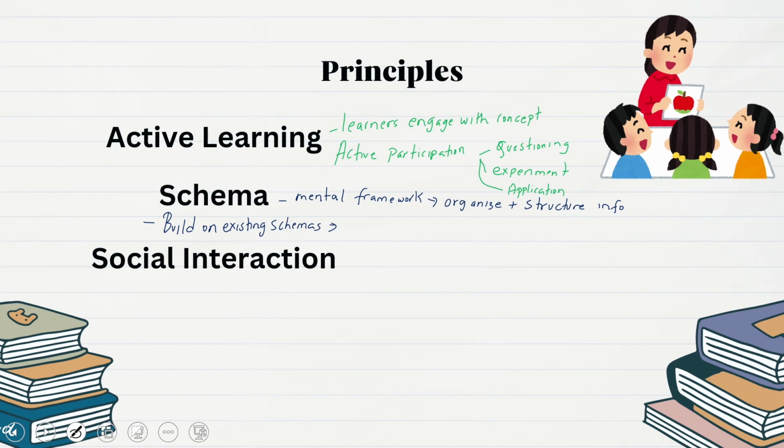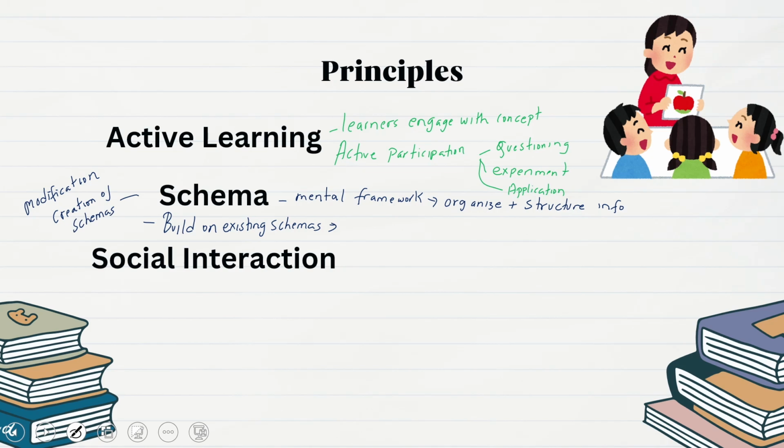That means that as they encounter new information, they already build on what they have already learned. And therefore, here we see that learning would involve modification or creation of schemas to incorporate the new experiences or the new information.